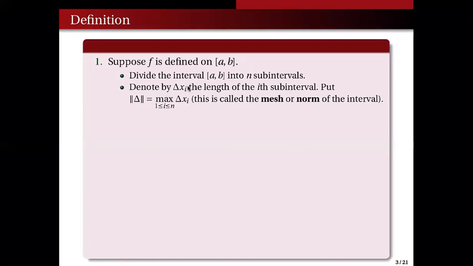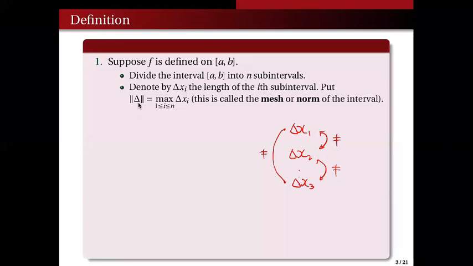For example, you will have delta x sub 1 for the first interval, delta x sub 2 for the second interval, etc. These two guys here may not be equal. You have delta x sub 3, and these two guys here may not be equal. And of course, this guy here and this guy here may not be equal. So the lengths of the subintervals may not be the same.